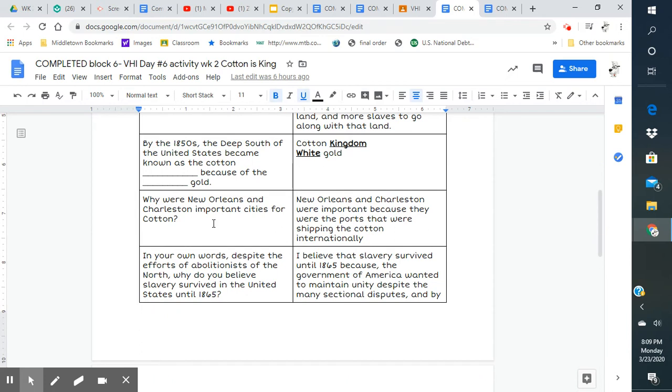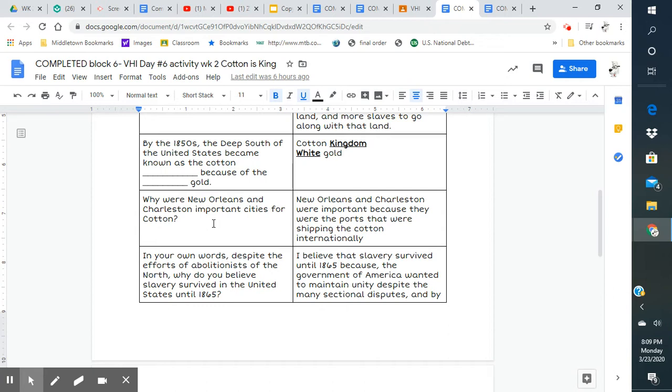Now, this is where I got a whole array of answers. Remember, the purpose of this exercise was to get you to see why the South was so insistent on preserving this way of life.